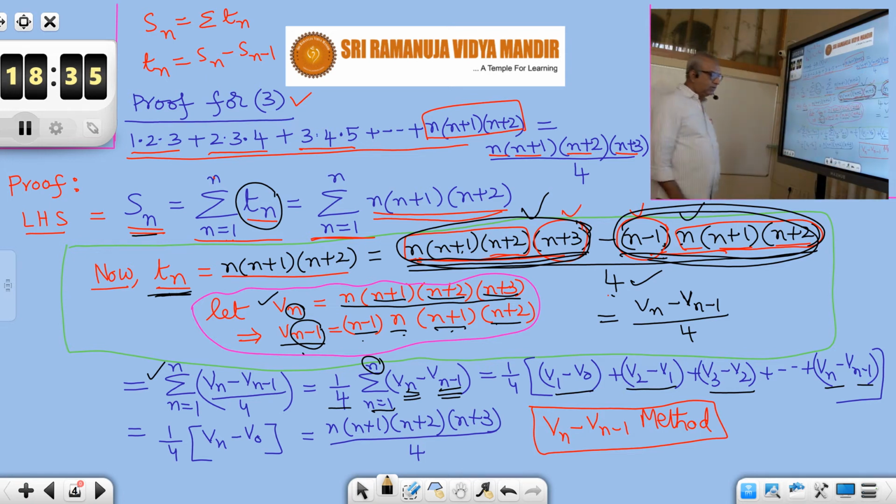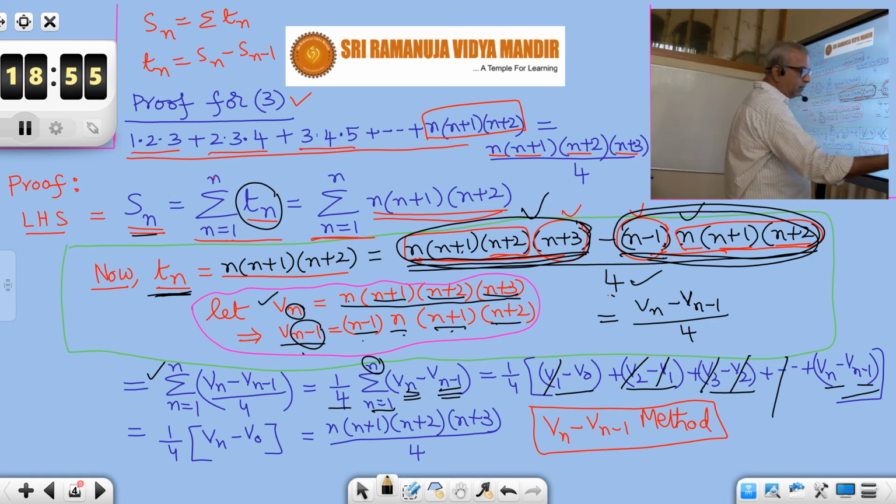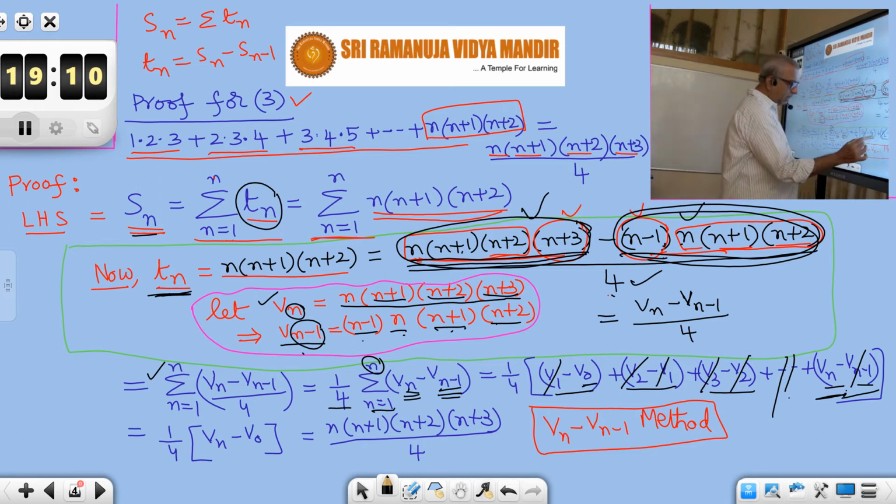In this, as usual, you can see that the first part of the first bracket gets cancelled out with the second part of the second bracket. Again, first part here cancels out with the second part of the next bracket. So first part cancels out with the second part. Similarly, for the last but one term, the first part will get cancelled out with the second part of the last term. So what will remain here? First part of the last bracket, Vn, and second part of the first bracket.